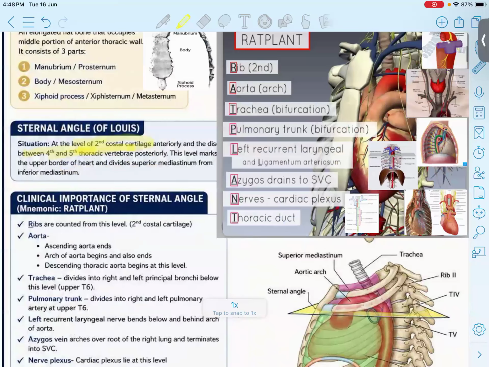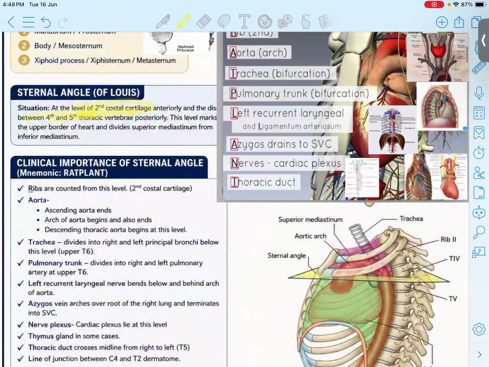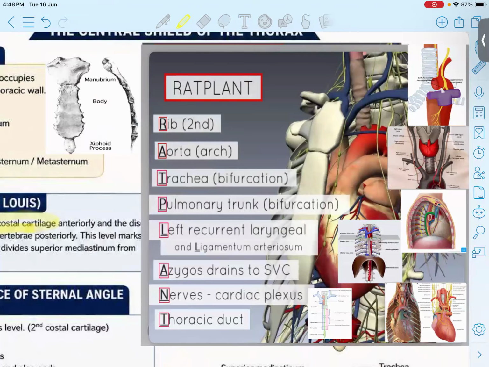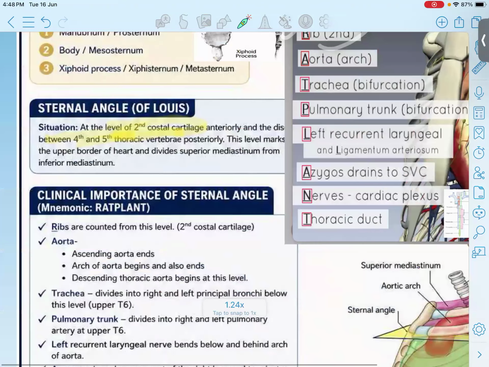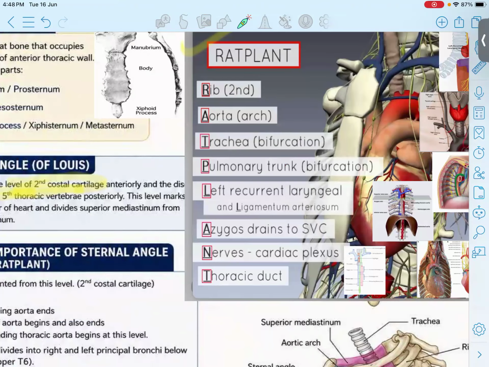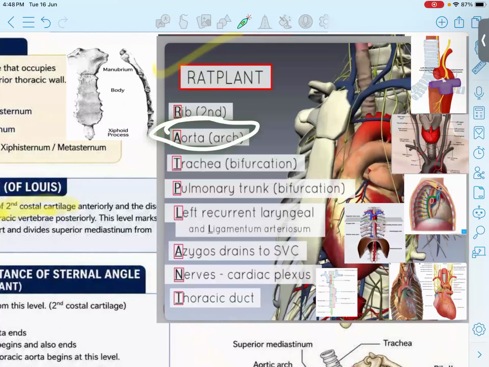There is a lot of writing here, but I won't go through that. I just want to show you some pictures. We can use a mnemonic here: RAT PLANT. R stands for rib, the second costal cartilage, which we all know. A stands for aorta.